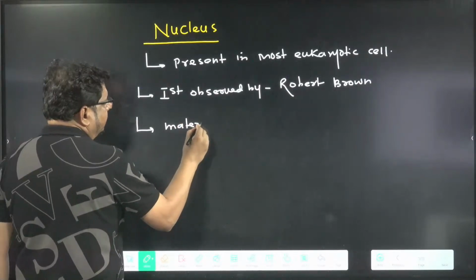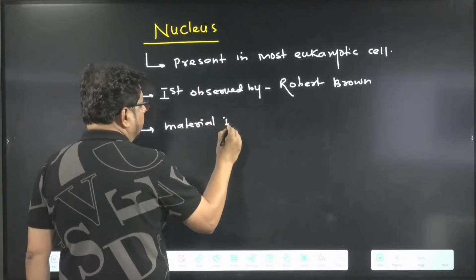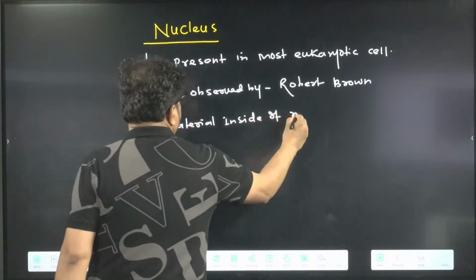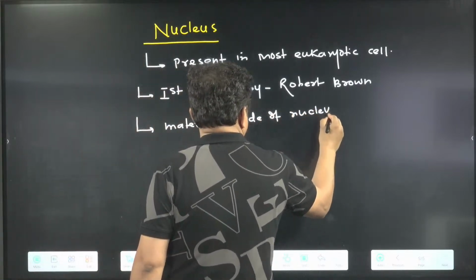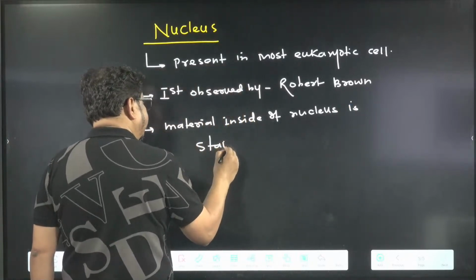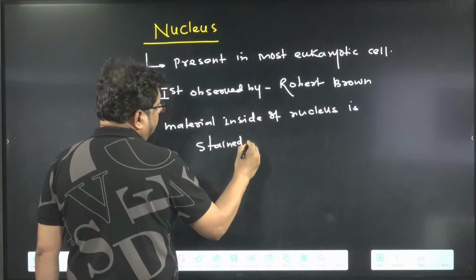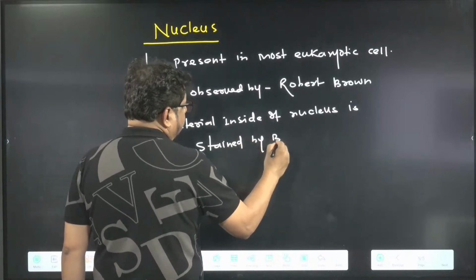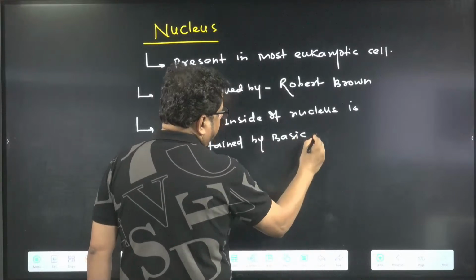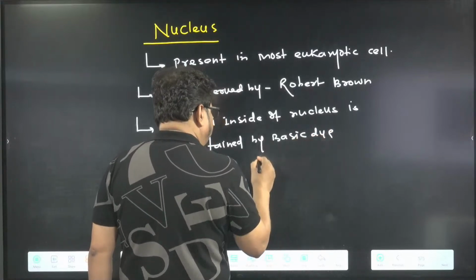And the material inside of the nucleus is stained, means colored, by basic dye, and who did it?